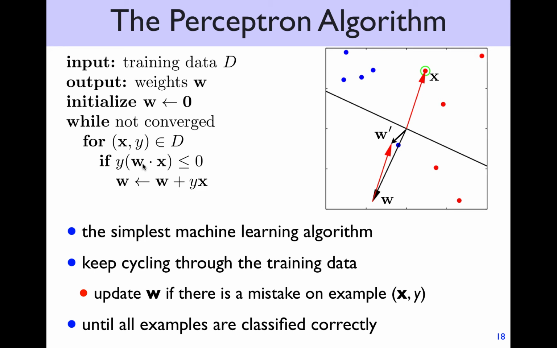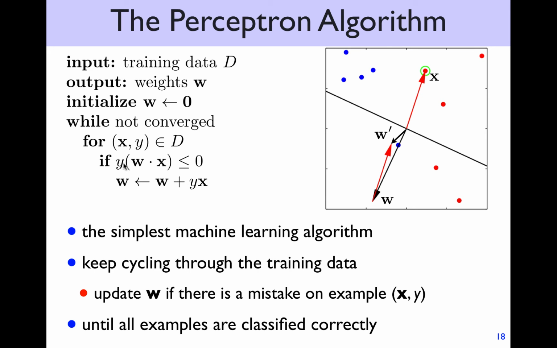And if your current model classified this example wrong, that means if this example should be positive, that is Y should be +1, and your dot product is negative, then you're misclassifying this example. Or in the other case, if your example is negative, that is Y is -1, and your current model says, okay, I'm positive dot product, then you're still doing wrong.